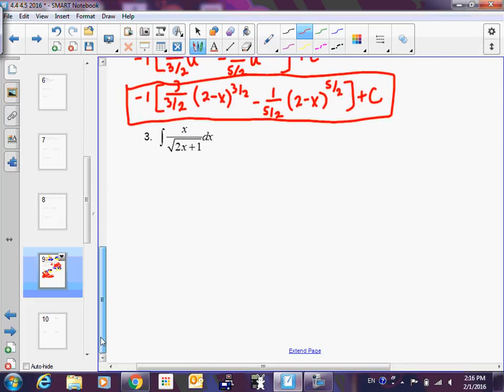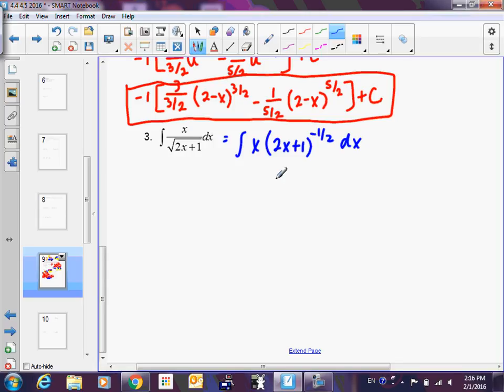Okay, so first up, I need to rewrite this. Anybody have an idea of how I can get rid of the square root and the fraction in one turn? Yeah, the 1/2 for the square root, and the negative is because it was in the denominator, but not anymore.